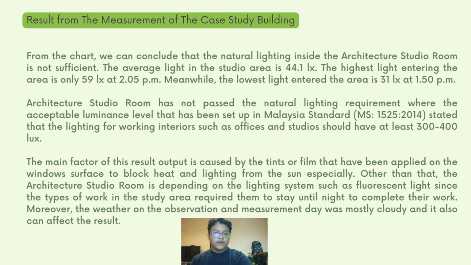The main factor of this result is the tint or film that has been applied on the window surface to block heat and light from the sun especially. Other than that, the architecture studio room depends on mechanical lighting systems such as fluorescent lights, since the type of work in the study area requires them to stay until night to complete their work. Moreover, the weather on the observation and measurement day was mostly cloudy and it can also affect this result.